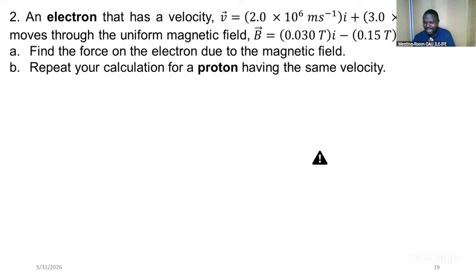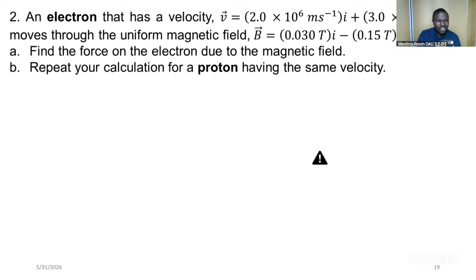So we say an electron has a velocity V equal to 2.0 times 10 to the power 6 meter per second in the i direction, and plus 3 times 10 to the power 6 meter per second in the j direction.